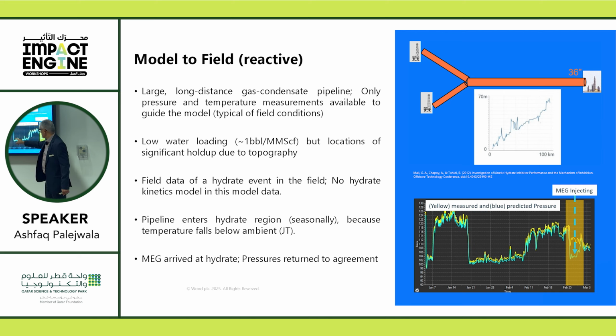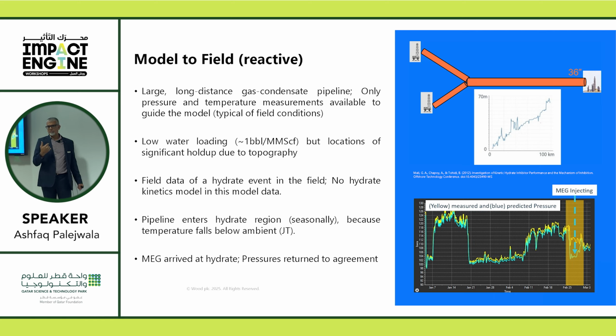So it's a pretty good match. However, during winter, there is a risk of hydrate formation. And here there's a window where the prediction and reality differ. The prediction said if you turn down, my pressures should fall. But the actual measured value didn't fall that much.